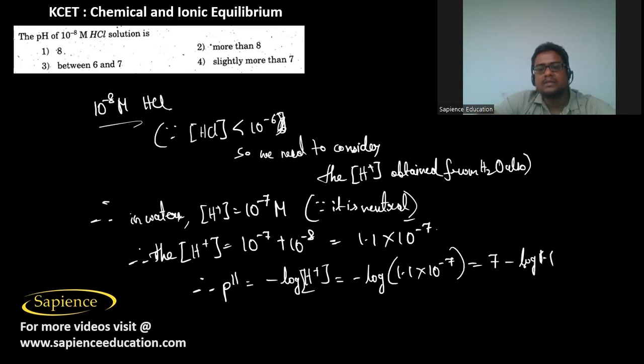So it is slightly less than 7, in between 6 and 7. So option 3 is the correct answer.